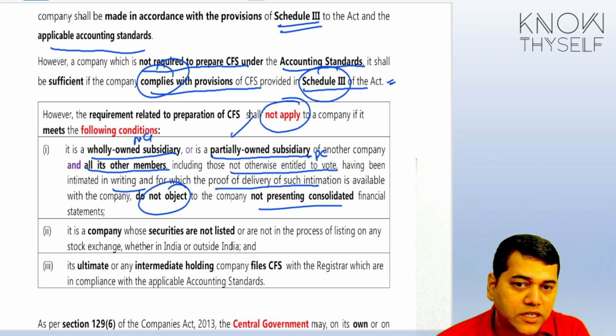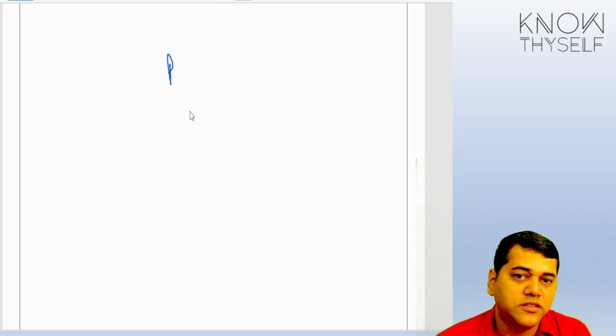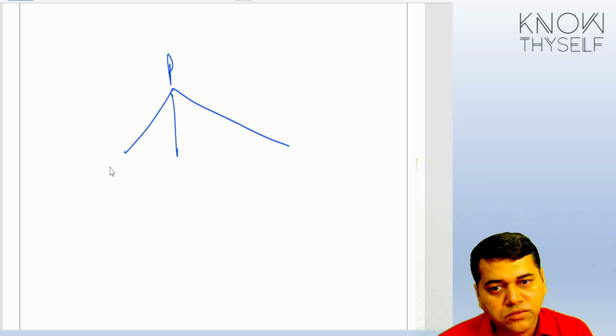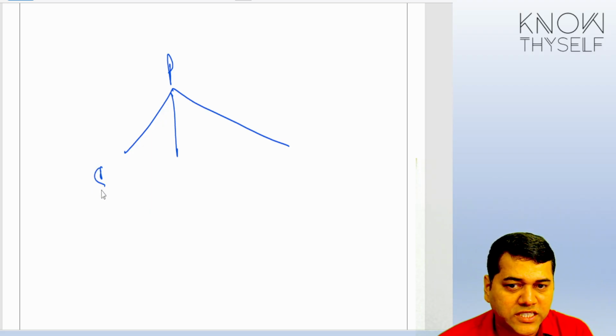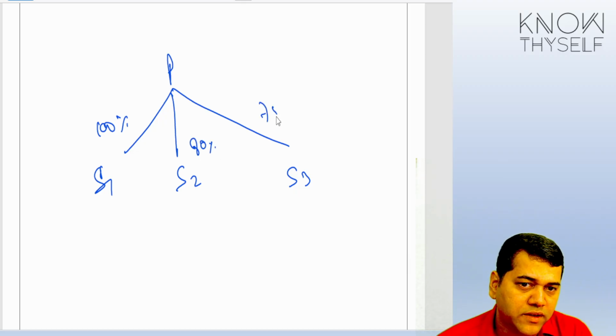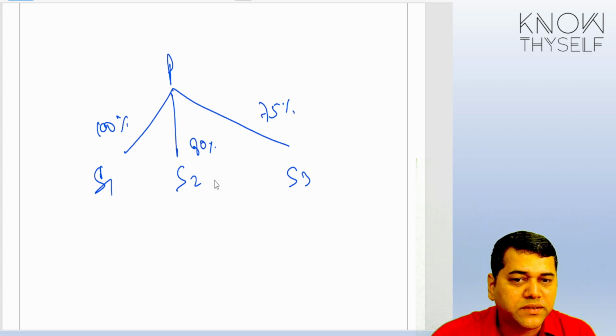So what they are trying to tell here: the first condition is you have a parent company like this. This is the parent, and it has three investments. For example, in S1, S2, S3, you have 100%, 80%, and 75%. So in this case your 20% and 25% is NCI, non-controlling interest or minority interest.